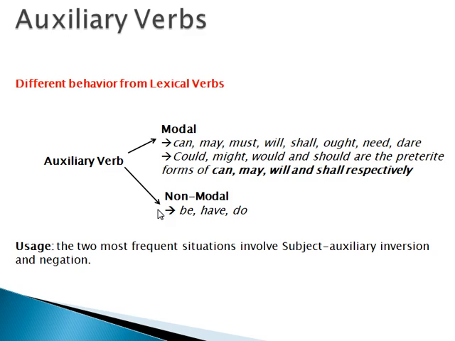Okay? So the usage of these verbs, the two most frequent situations involve inversion and negation. So if I ask you to give a definition of auxiliary verbs: they take the responsibility for being inverted with the subject in questions and receiving the negative in negative sentences.